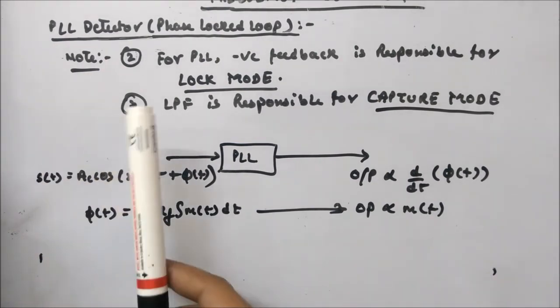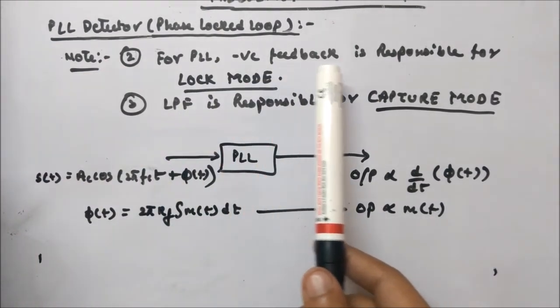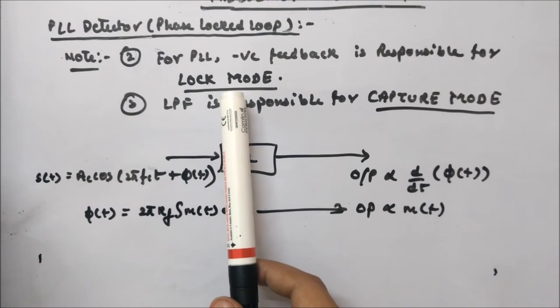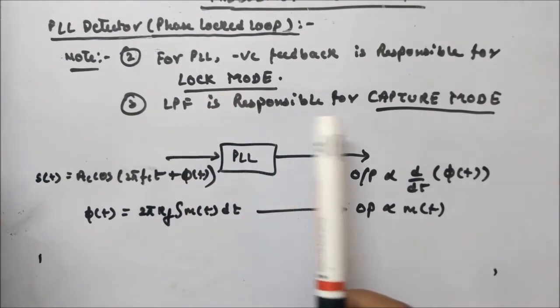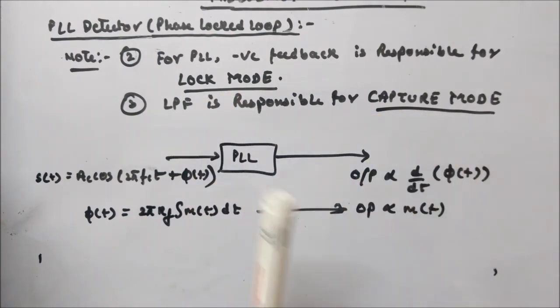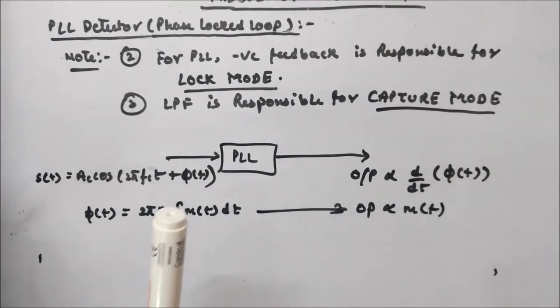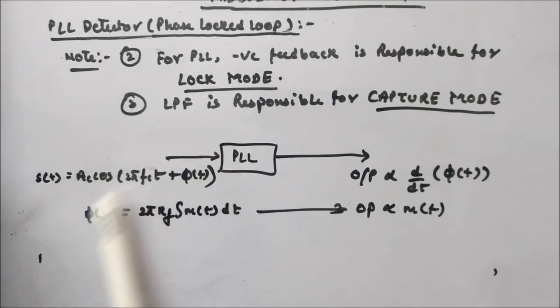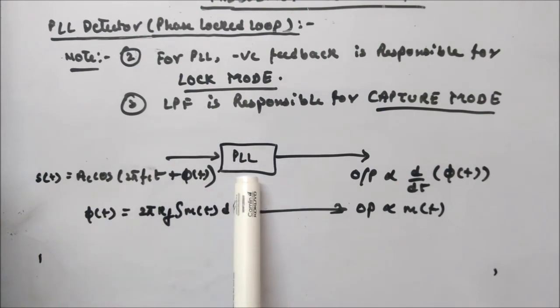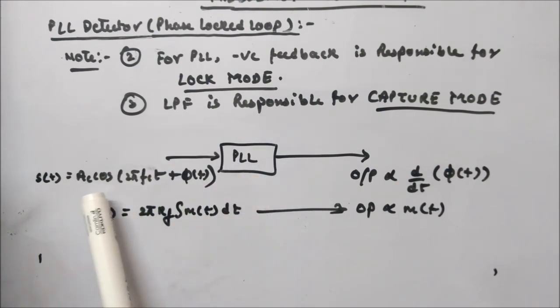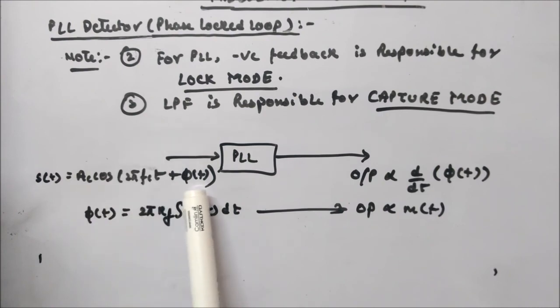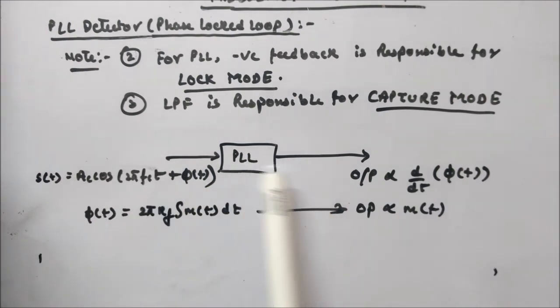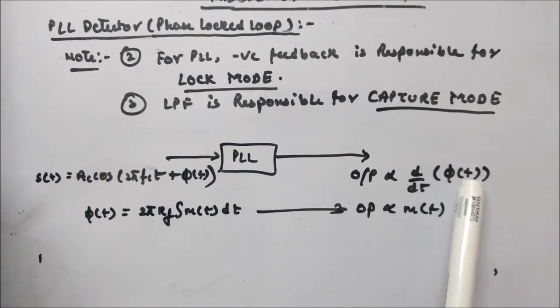Now a few more note points. For a PLL, negative feedback is responsible for lock mode and the LPF is responsible for capture mode. Okay, so these things you should remember. And now as a whole, this is your PLL block. You are applying some signal with some phase, AC cos(2 pi fc t plus phi(t)), and the output of the PLL will be proportional to d by dt of this phase.